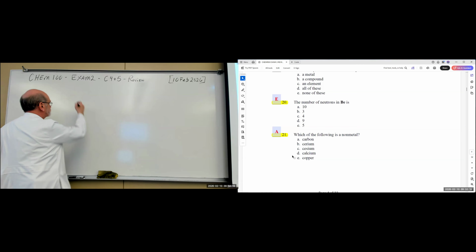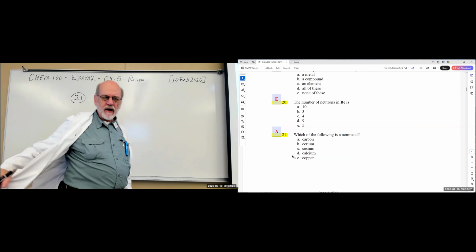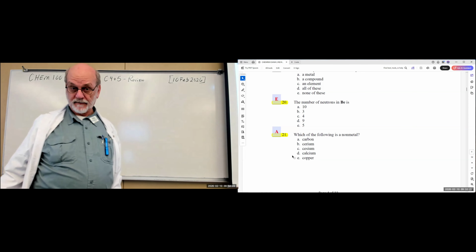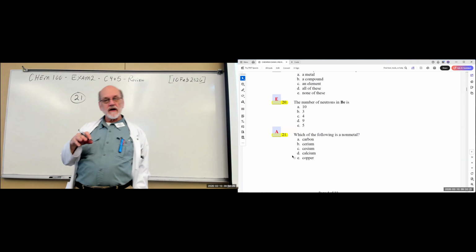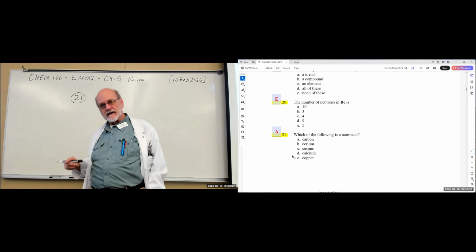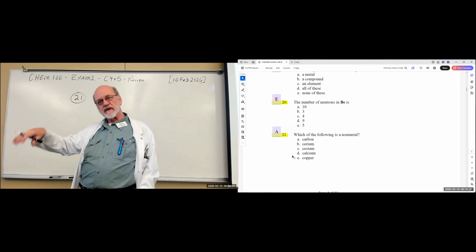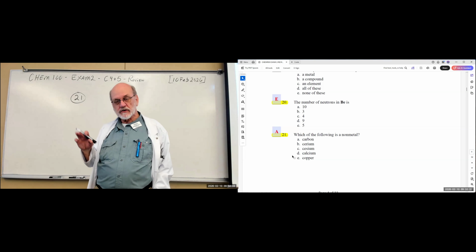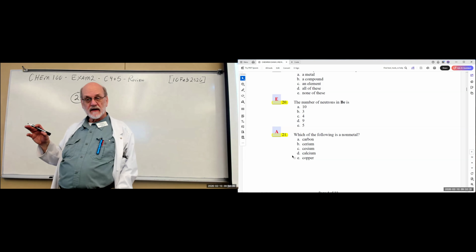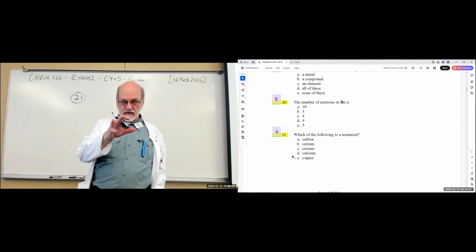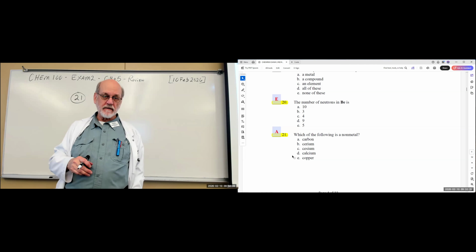Okay, number 21. Which of the following is a non-metal? Right? What you have to know is where is that zigzag line that divides metals on the left, non-metals on the right. Once you've identified that line, then you can look at the possibilities here.